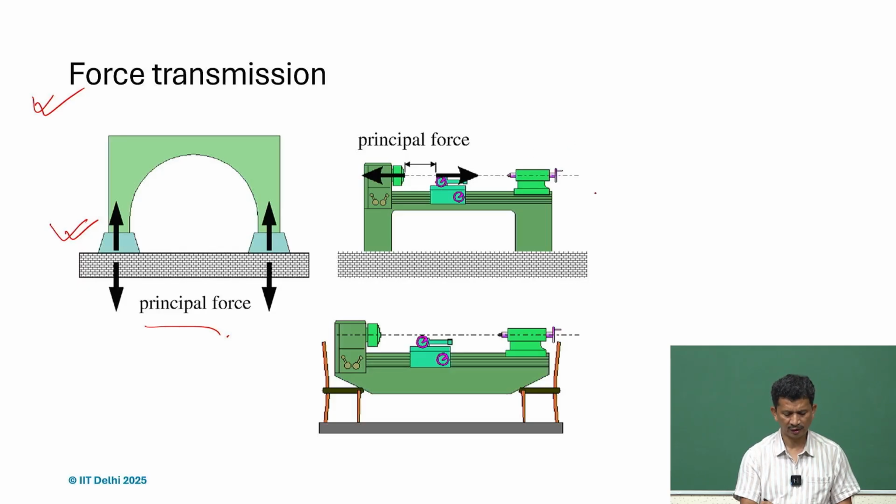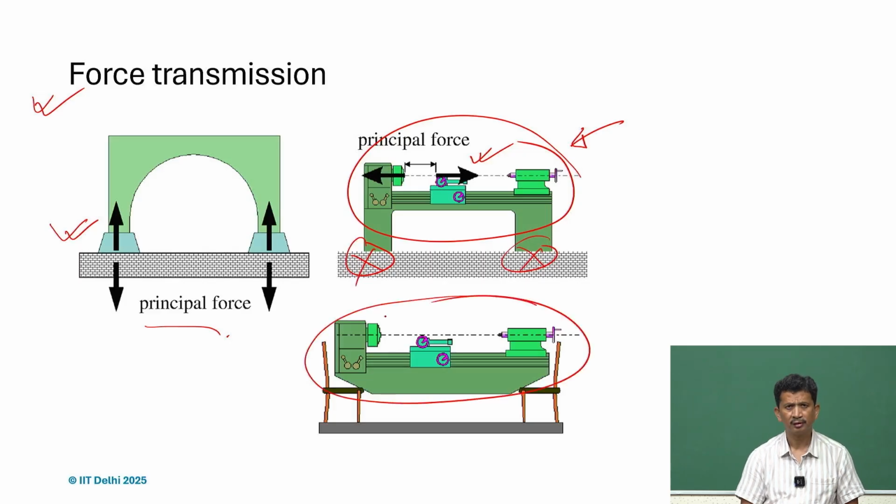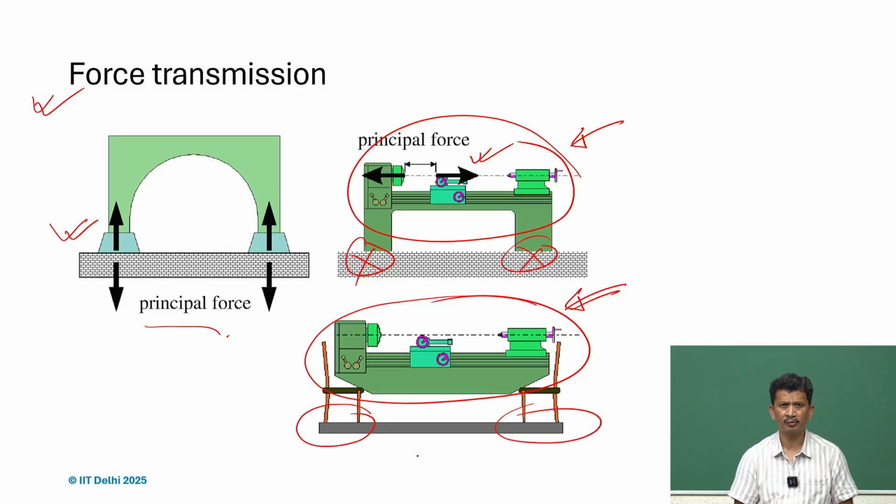But suppose we have this kind of machine with these principal forces, for instance a lathe machine or any machining center. Then what we worry about is this stiffness, not that. Essentially what we want is the stiffness of the substrate and the tool with respect to each other, and not the structure, how it is supported.